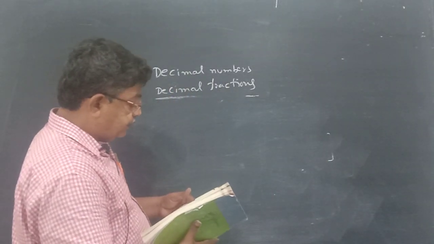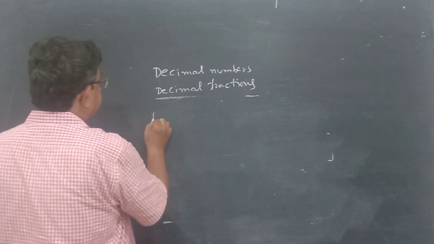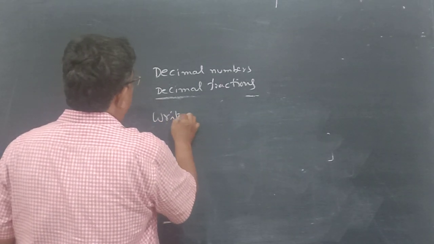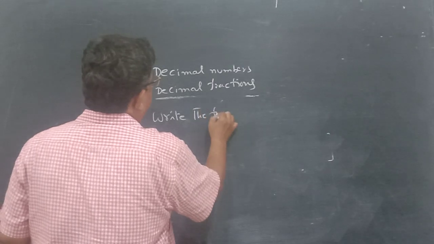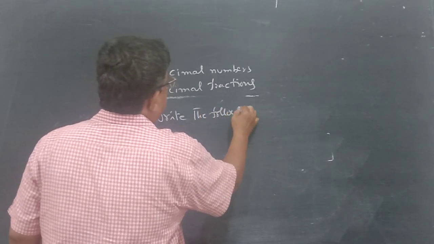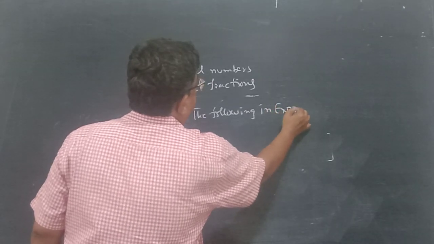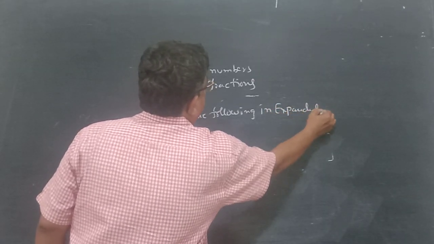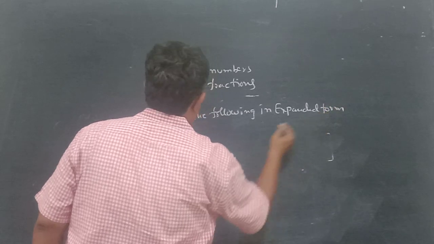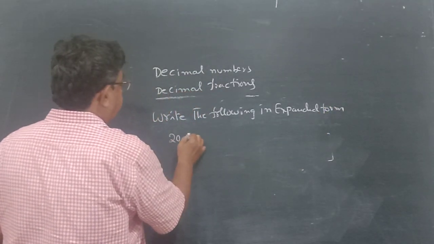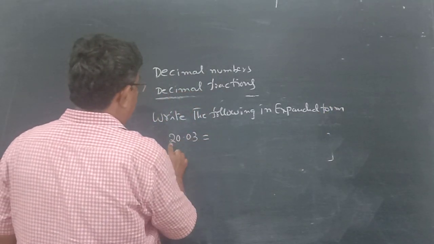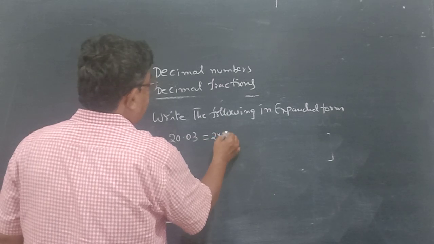Next, write the following in expanded form. First one, 20.03. 2 is in the tens place, so 2 into 10.